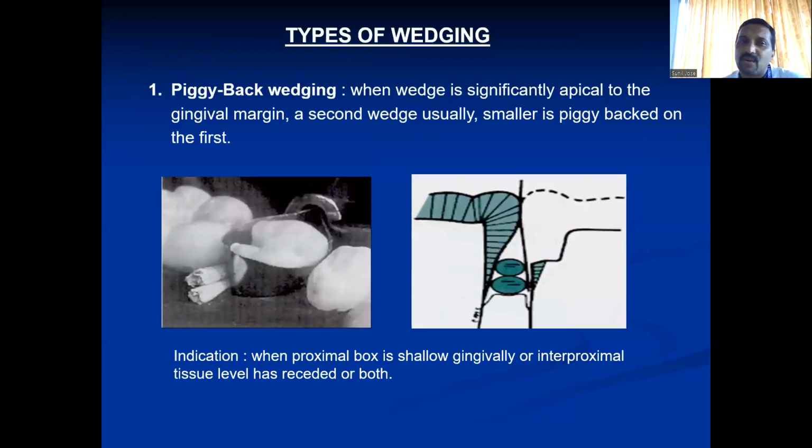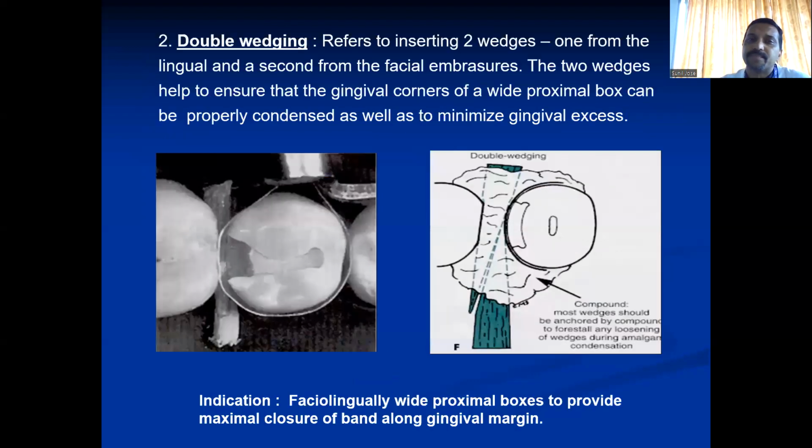Types of wedging. One is piggyback wedging. When a wedge is significantly apical to the gingival margin, a second wedge, usually smaller, is piggybacked on the first one. Indication: when the proximal box is shallow gingivally or the interproximal tissue level has receded, or both.